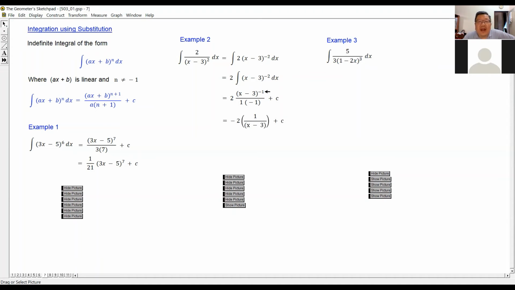The term involving x has -1 there, so it's actually 1 over x minus 3. The 2 you can put inside, so it becomes 2 over x minus 3. The 1 you just leave outside, and of course remember to add the arbitrary constant c.